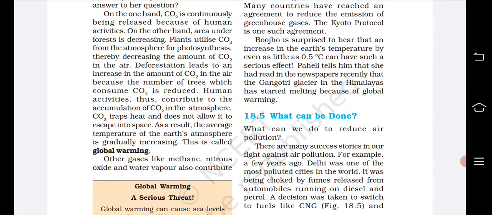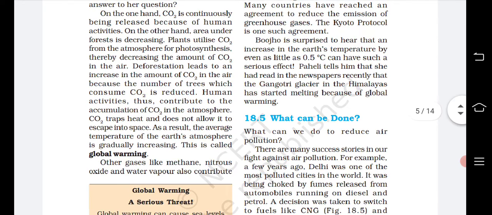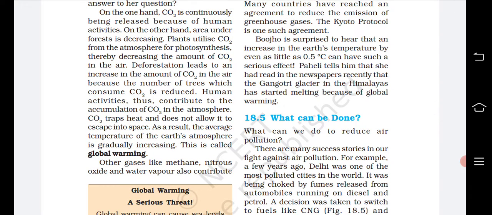Okay, and CO2 is continuously being released because of human activities. On the other hand, area under forests is decreasing. Plants utilize carbon dioxide from the atmosphere for photosynthesis, thereby decreasing the amount of CO2 in the air.